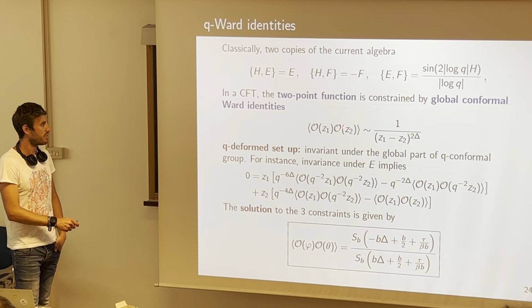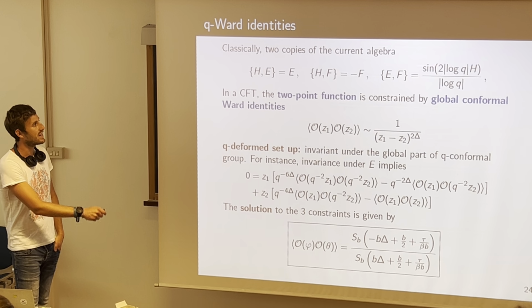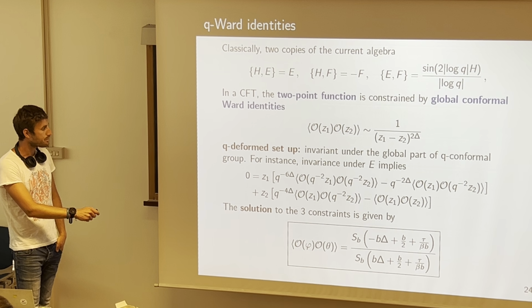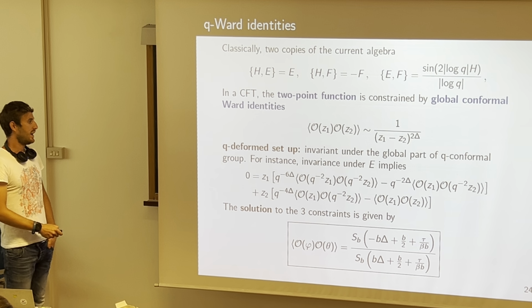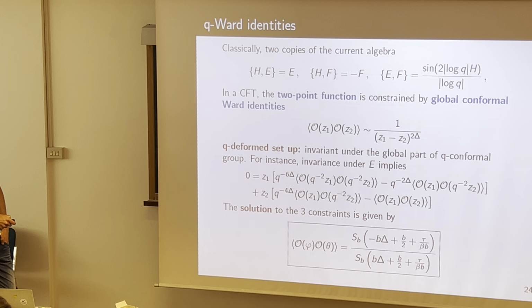Can we ask the 2-point function of these two operators to be invariant under the global part of the Q-conformal group, which is exactly given by these generators? Yes, you can. You need to construct a representation of these generators, to see how they act on these operators. So you have 3 Q-deformed Ward identities, and you can solve them.